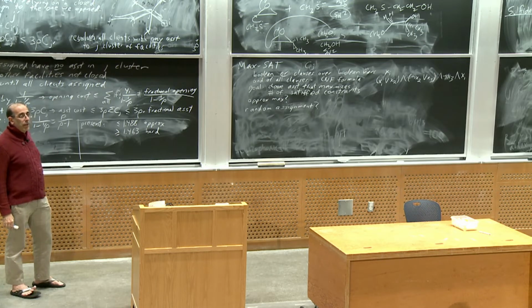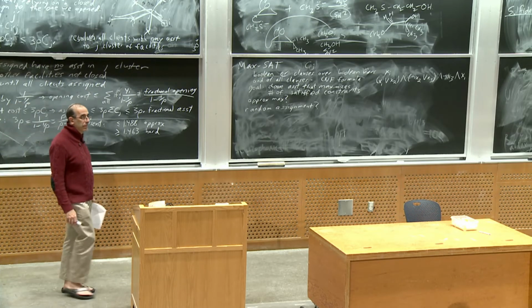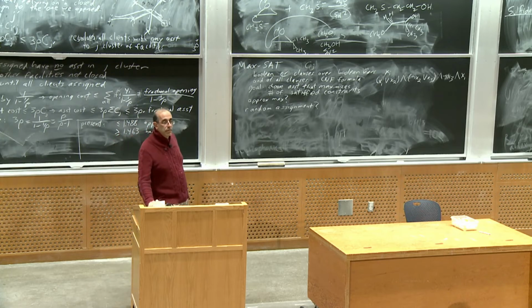Does that work well, or does it work poorly? Yeah? This should relatively work well, especially for long. Exactly. This is a strategy that actually works very well for long clauses, right?